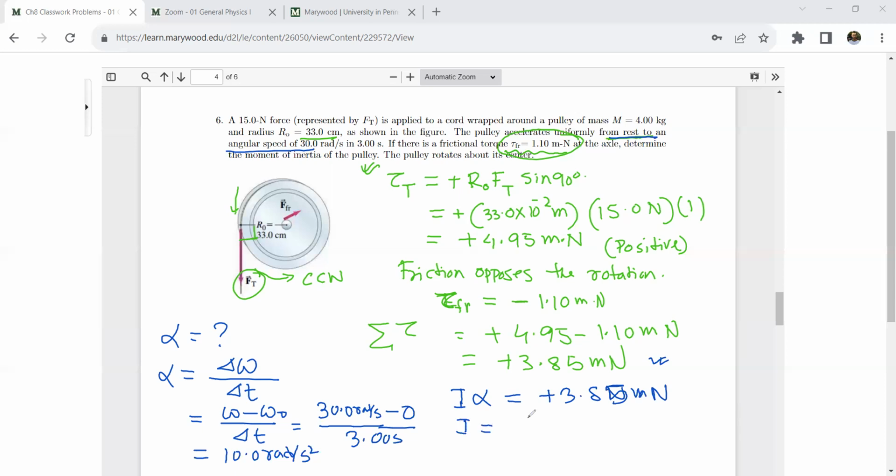So I is 3.85 meter Newton divided by alpha, and alpha is 10 rad per second square. So what we get is 0.385 kilogram meter square. So the moment of inertia for this disc is 0.385 kilogram meter square.